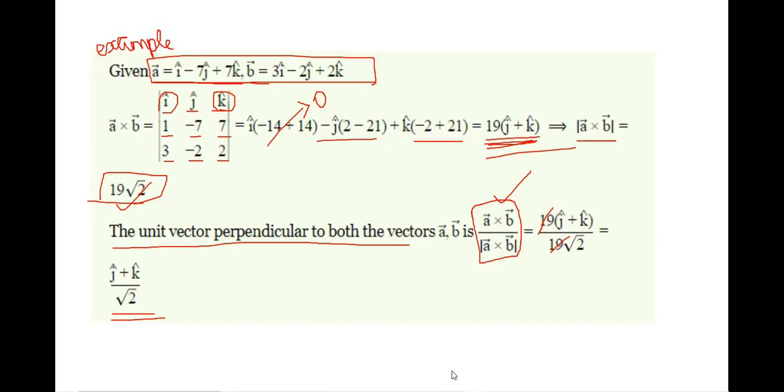A vector is represented by an arrow mark, as you can see here. Vectors are always represented by an arrow with an arrow head. The length of the arrow represents the magnitude of the vector quantity.